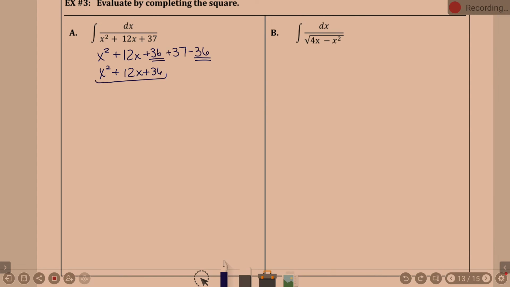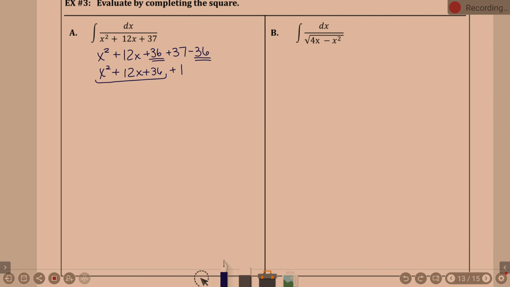And then 37 minus 36 is a plus 1, yes? I'm going to factor it next. If you look in the answer key on this one, they didn't really show the plus 36 minus 36 and how that came about. They just looked at it as, okay, x squared plus 12x plus 36 completes the square, and what do I have left over is a plus 1.